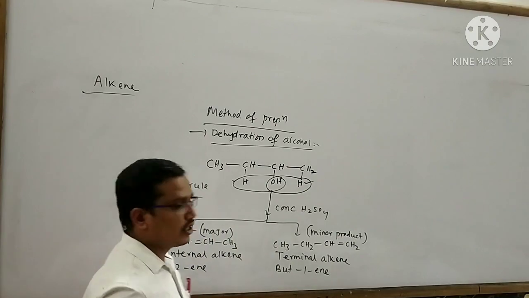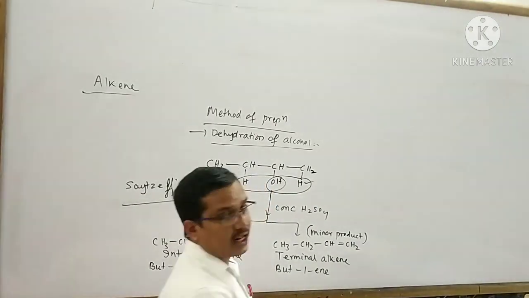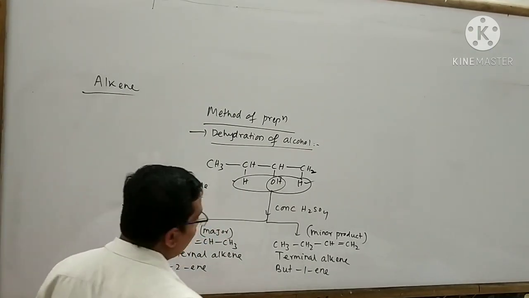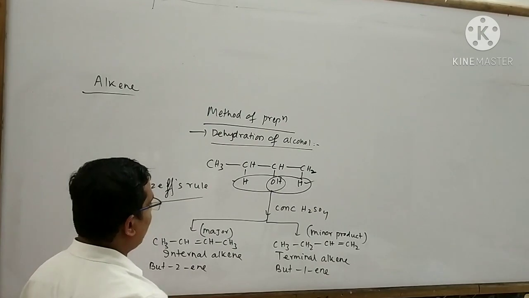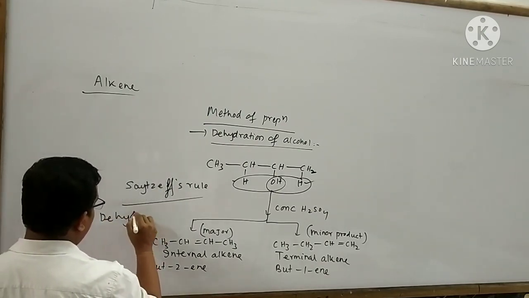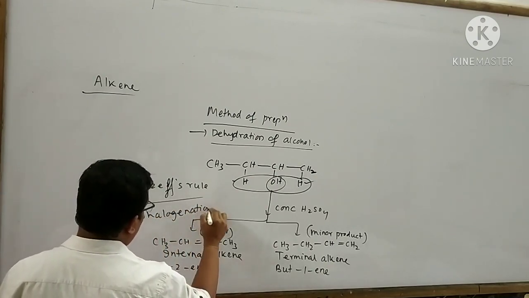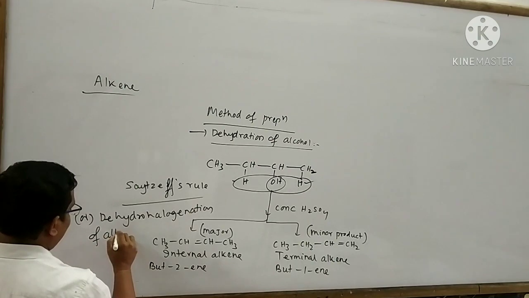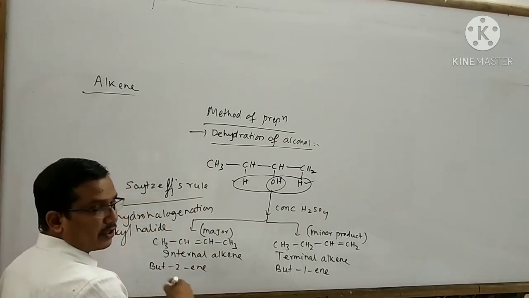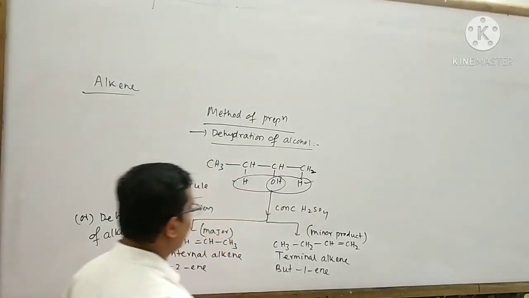According to Saytzeff's rule, the most alkyl-substituted alkene is always formed as the major product during the dehydration of alcohol or dehydrohalogenation of alkyl halide, because more substituted alkenes are more stable.